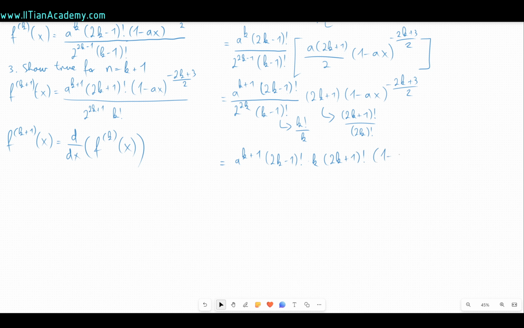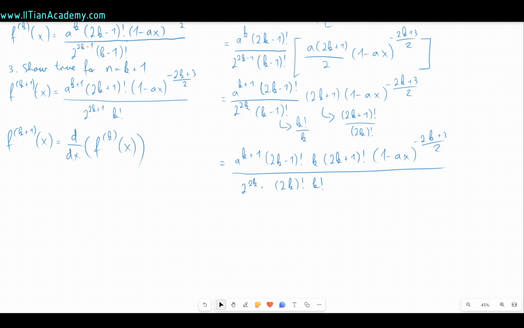We will have the 1 minus ax to the minus 2k plus 3 over 2, and this is all over 2 to the 2k times 2k factorial times k factorial.